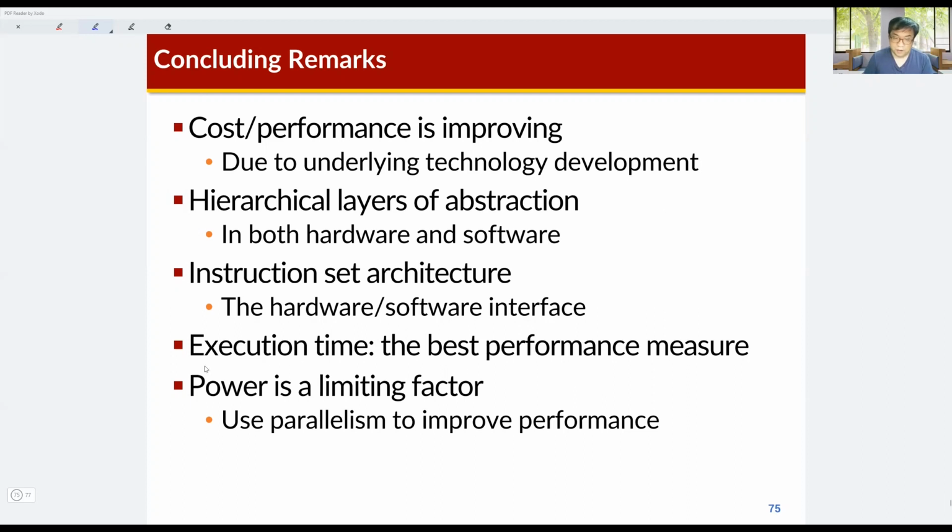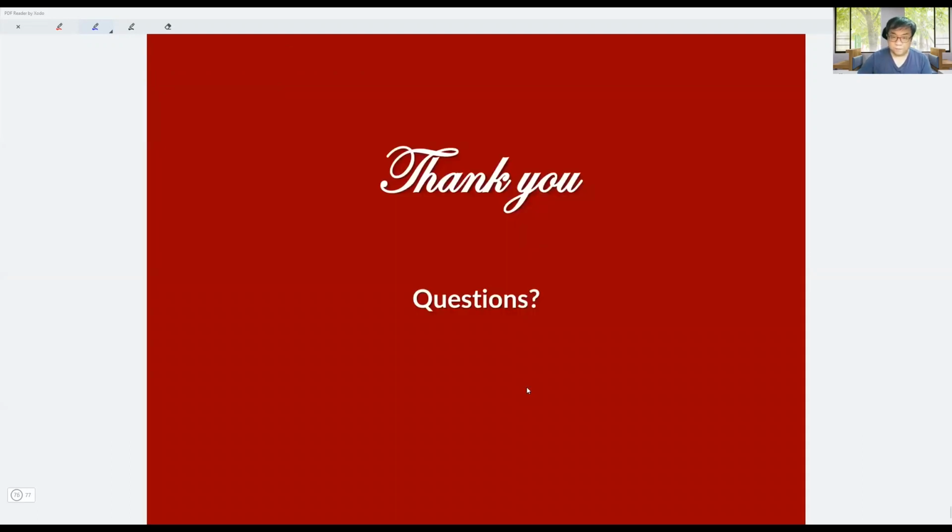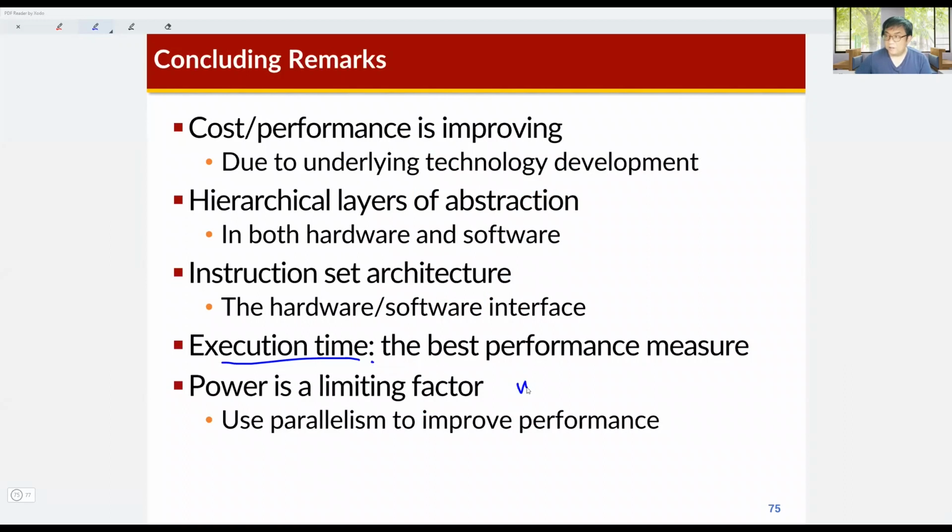And then we learned about the performance metric, and in order to compare the performance of 2 different systems, we need to measure the execution time. And then also we learned about the cost of the computer system as the power consumption. Okay, this is the end of chapter 1.